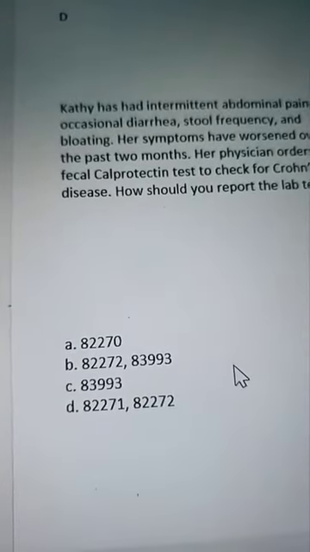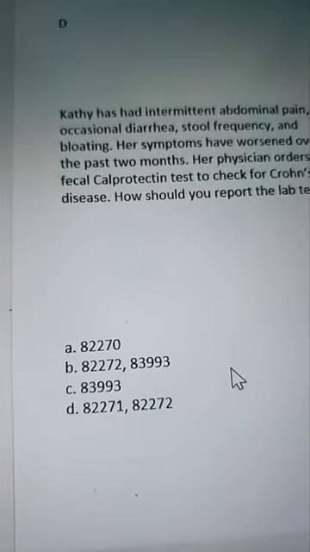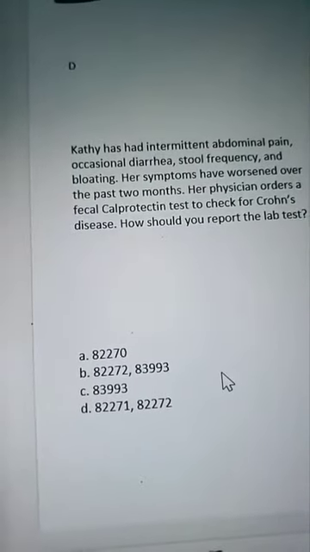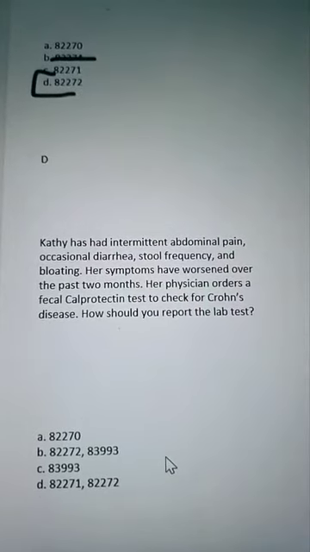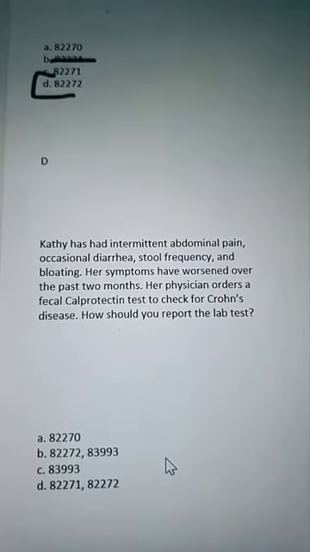Oh, let's see. So we're at the 82270s again. 82270s, what are we doing? We're in the same spot. Something about Crohn's disease. How would you report the lab? They order a fecal calprotectin. Is that what we're doing at 270?